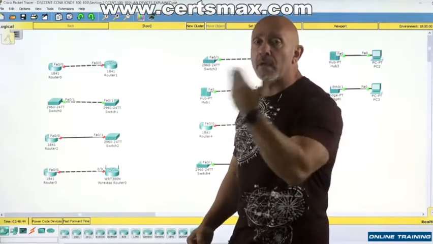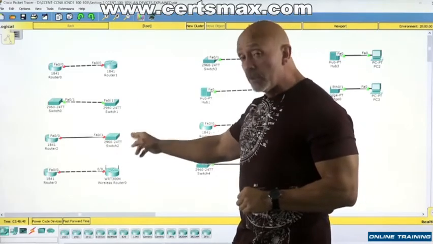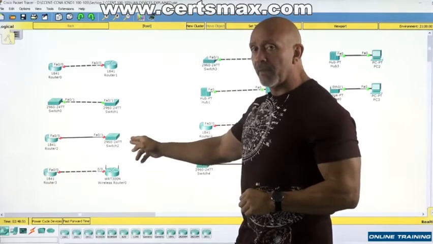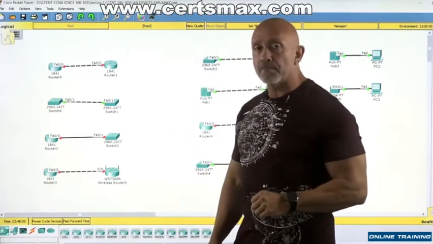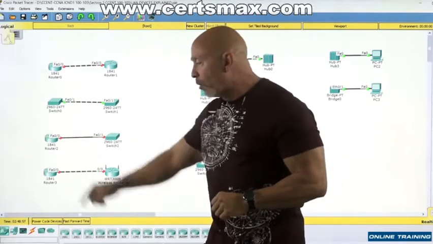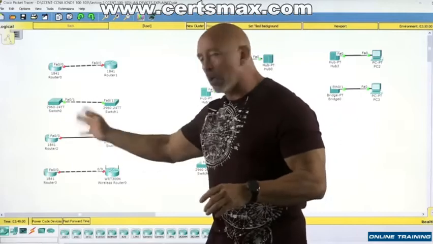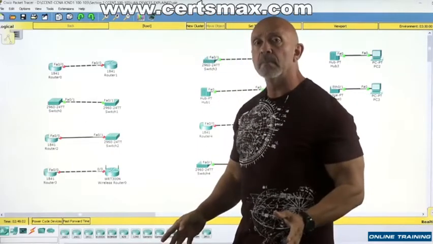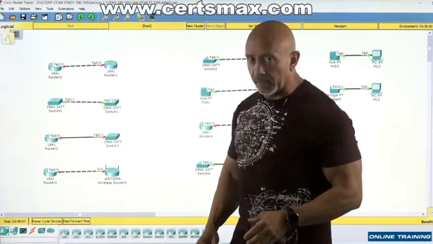VLANs will create other broadcast domains. I'm not going to get too much into detail about that, but you need to know this because of the type of devices that you're going to have on your network. On routers, by default, each network is its own collision and broadcast domain because each port on a router is a different network. So if you wanted to do that on a switch, you would need to create VLANs.